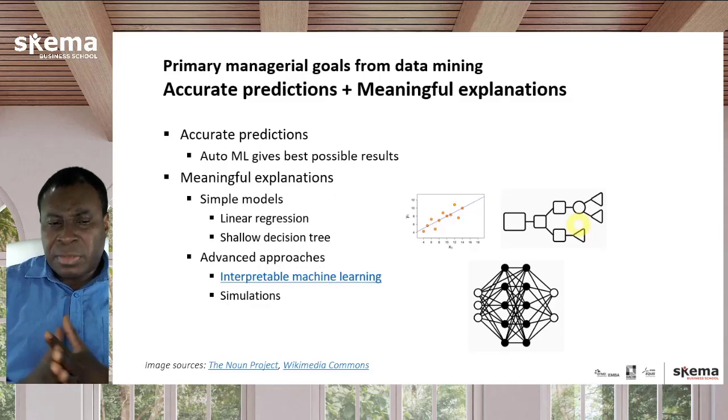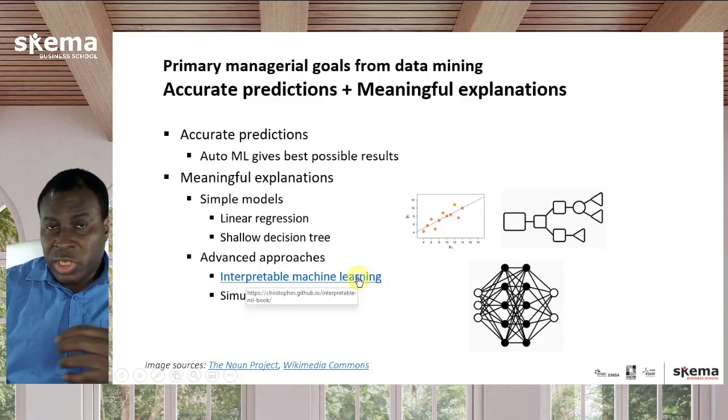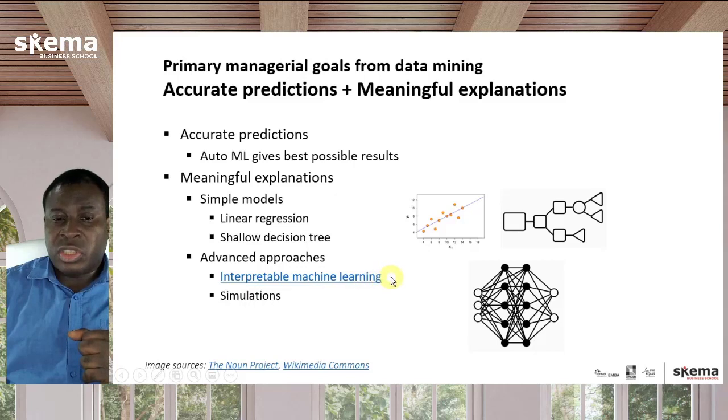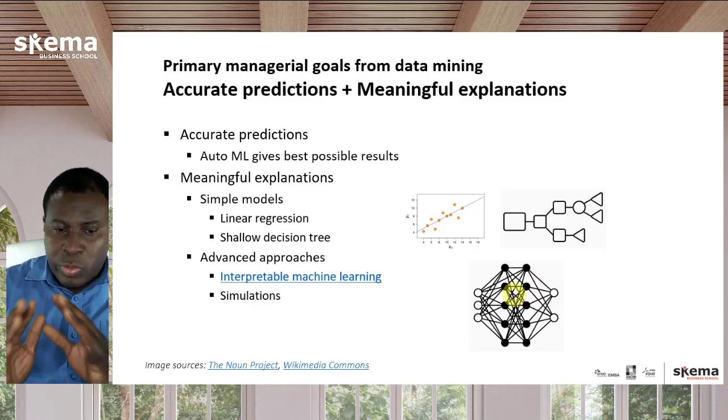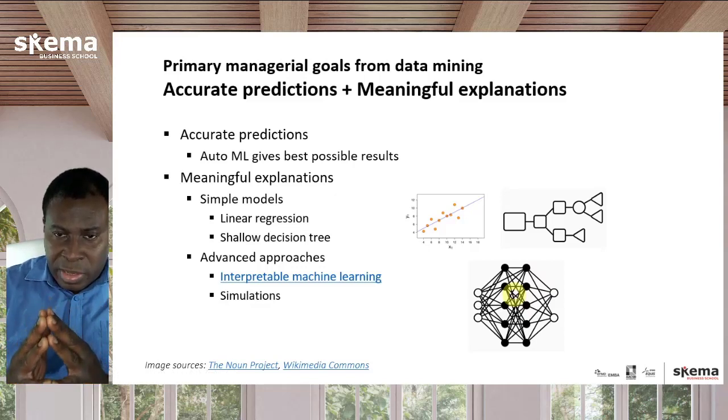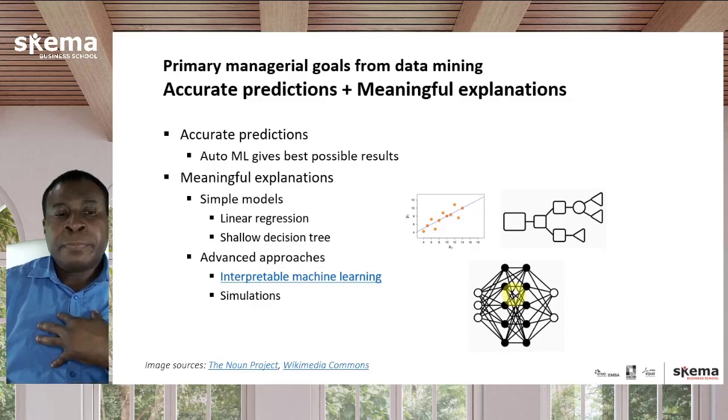There are some advanced approaches to meaningful explanations through an entire field called interpretable machine learning or explainable artificial intelligence, which tries to take in complex models, like neural networks, and tries to reformat the results in a way that meaningful understanding can come out of them.